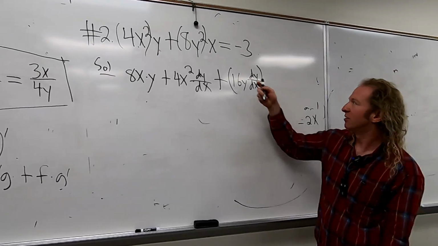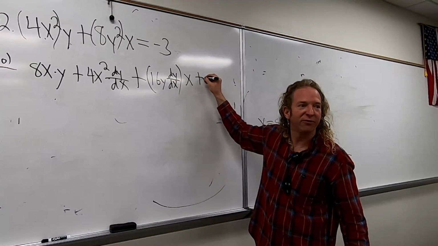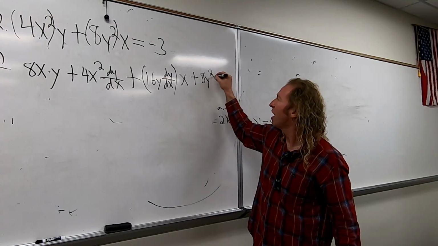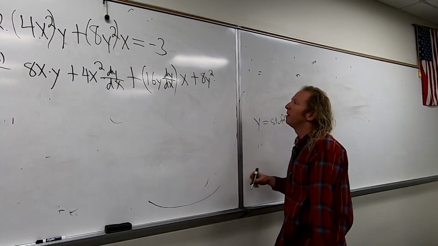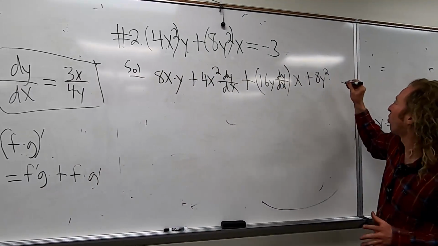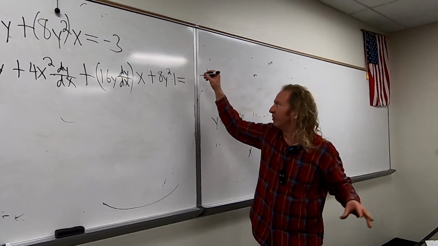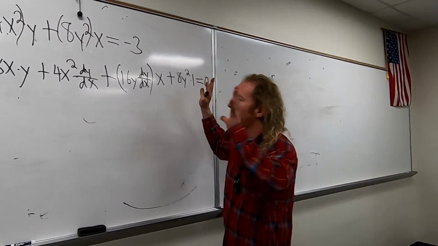That's the derivative of the first times the second plus the first times the derivative of the second. But what's the derivative of x with respect to x? 1. So I'm going to put the 1 there just for emphasis. What's the last thing on the right-hand side? 0. That's it. Let me pause here. I'll let you catch up, and we'll go over it again.